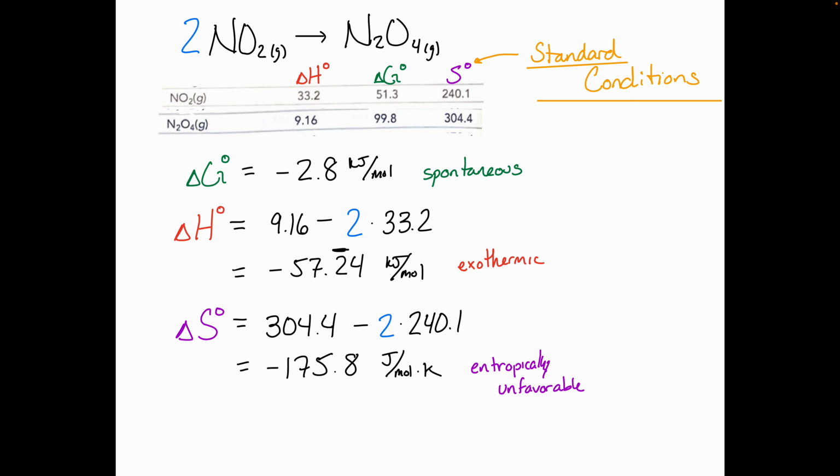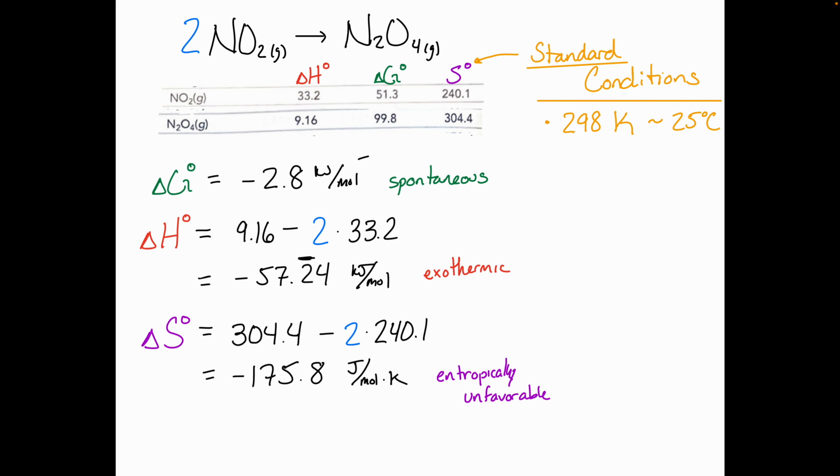The first important part about standard conditions is that it dictates the temperature at which that reaction is conducted must be 298 Kelvin, or about 25 degrees Celsius. So yes, the reaction is spontaneous as long as you're carrying it out at that specific temperature.